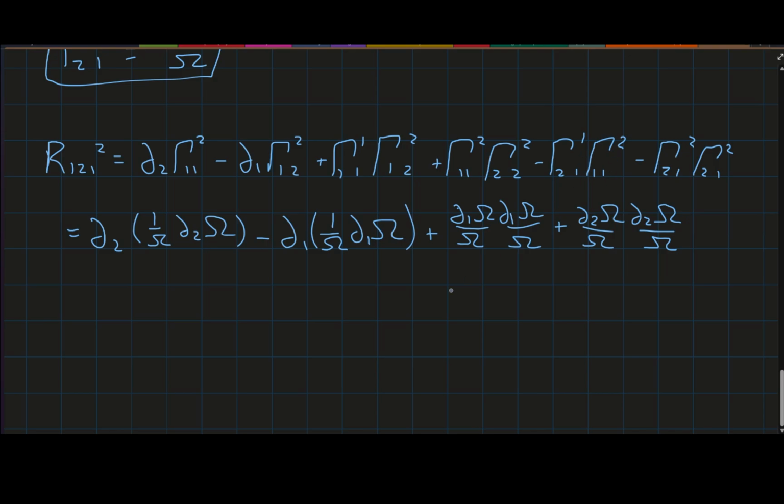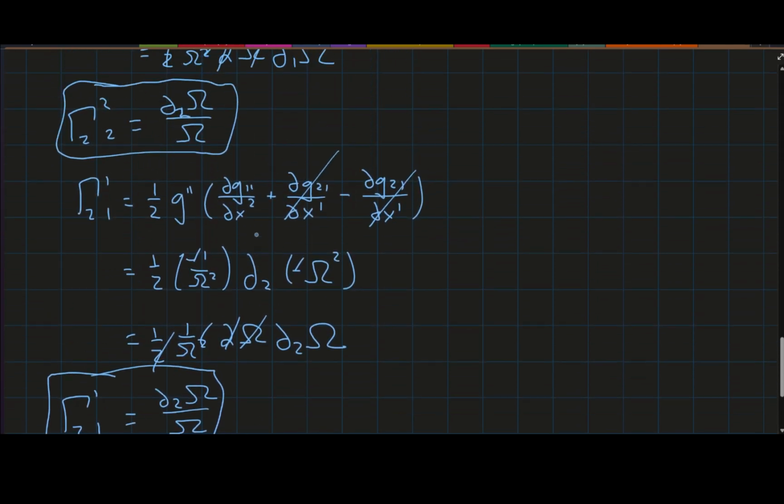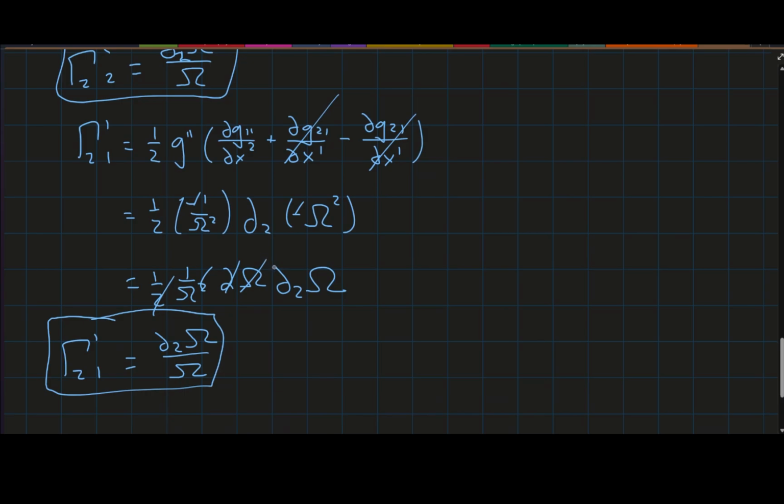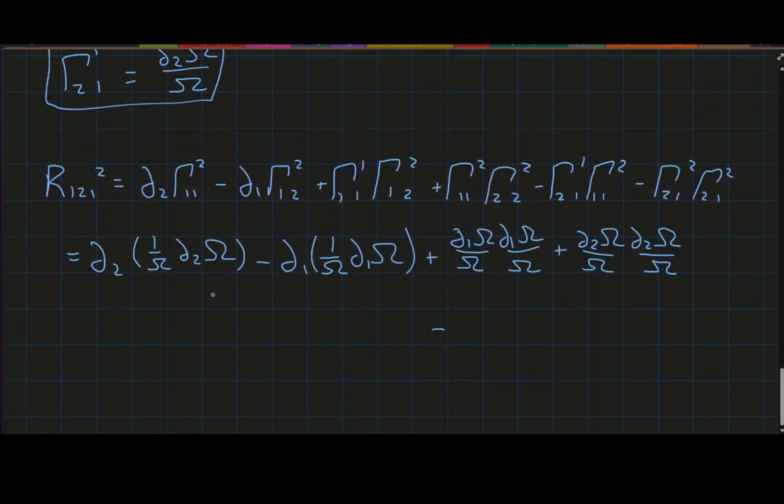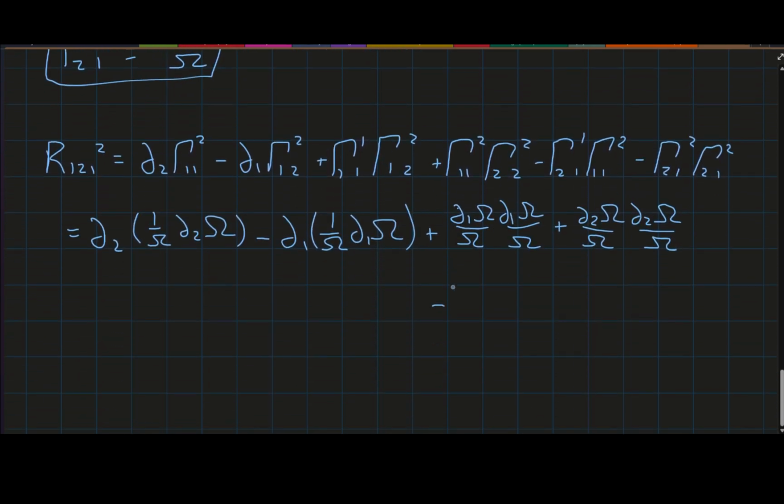Now we still have these last two terms to deal with. So 1, 2, 1, have we used that yet? No, so let's look at 1, 2, 1. And 1, 2, 1 is del 2 omega over omega. And then 2, 1, 1, which we have used, it's del 2 omega over omega. And finally, one last term here.